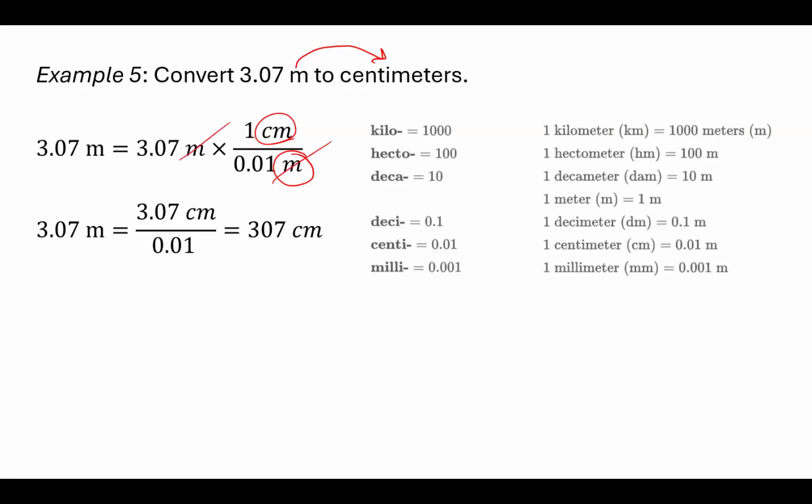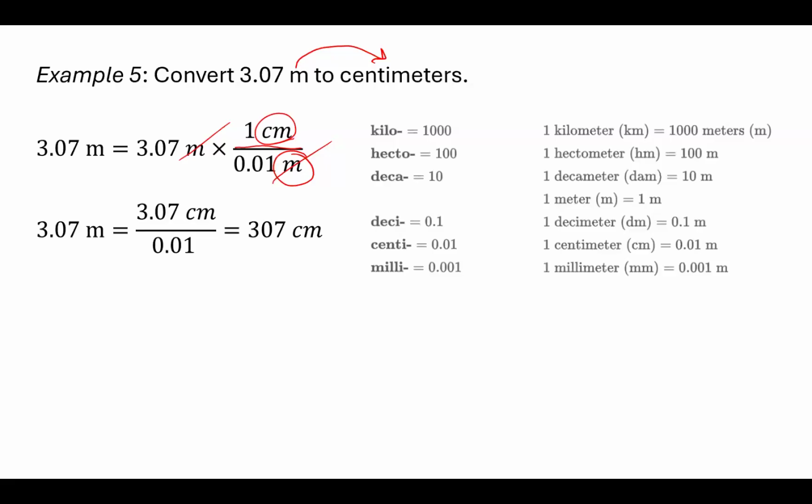So the meters cancel, and my new units is going to be centimeters. And the ones, you could ignore if you want to. Since the 0.01 is on the bottom of the fraction, this is going to be a division. It's going to be 3.07 over 0.01, which is 307.